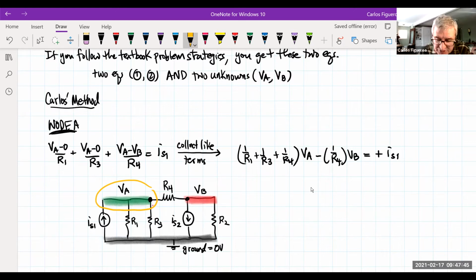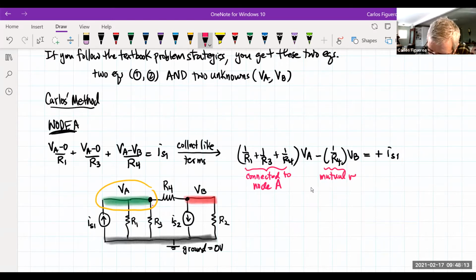You could see that it's a resistor connected between two nodes. It's connected to node A and it's connected to node B. So what you're seeing here is that this guy is a mutual resistor between two nodes, A and B.